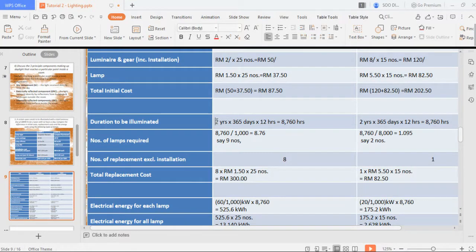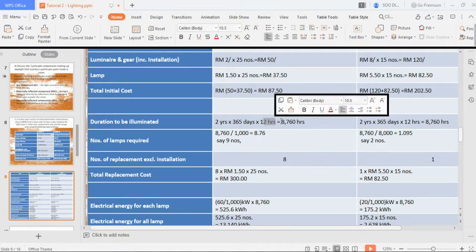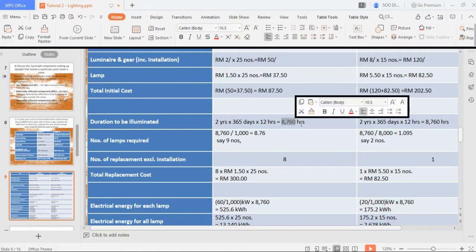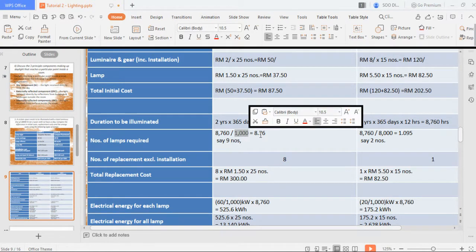So you need to multiply 2 years with 365 days, multiply by 12 hours, and you will have obtained the number of hours, which is 8,760 hours. With that in mind, you just divide it by the lifespan of lamp A, which is 1,000. So you get 8.76.